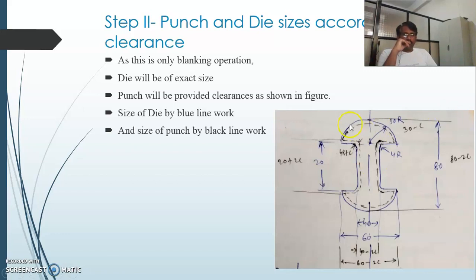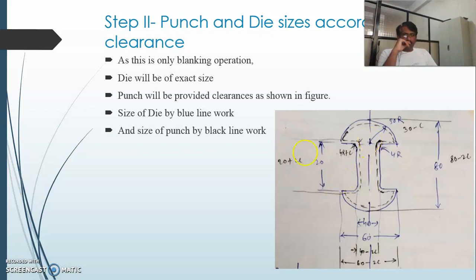So I have drawn here in this figure actual size of the die with the blue pen, and after providing the clearance 2C, okay, so we can have the punch inside. Okay, so punch becomes smaller than the die, so that the punch can travel inside the die and the cutting operation will happen.